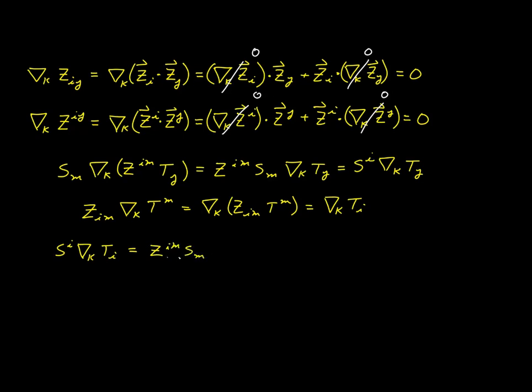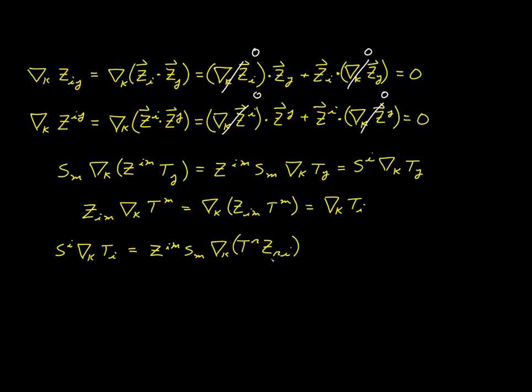So this contraction is the same as S^i in the upper position. And T_i in the lower position is the same as T^r contracted with Z_{ri} like this as a product. Okay, so all I've done is to replace S^i with this and T_i with this.